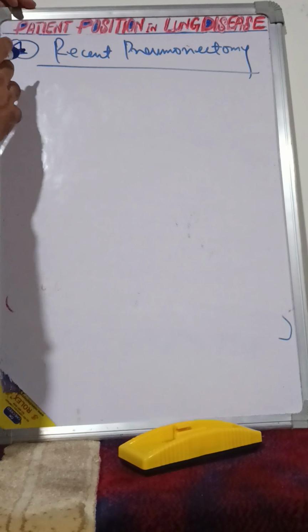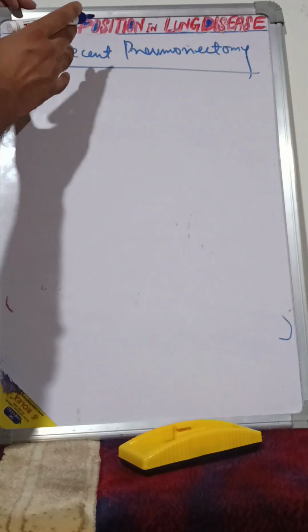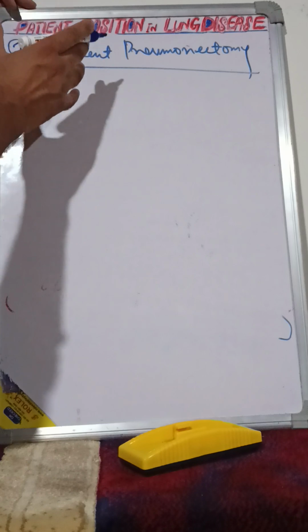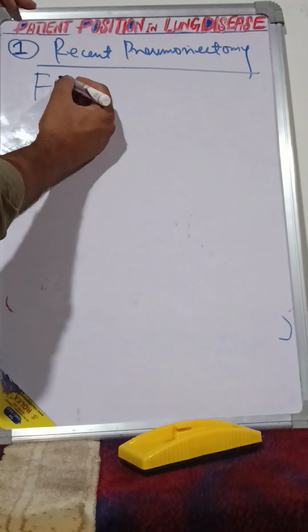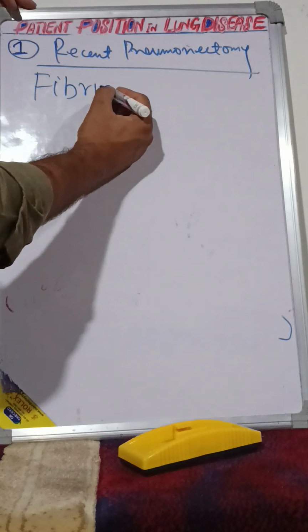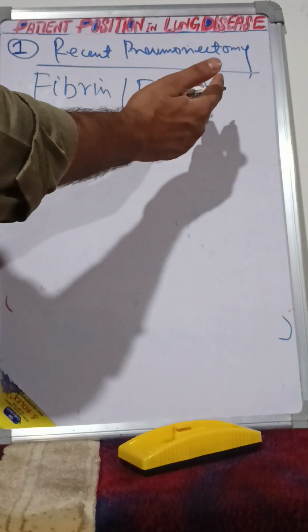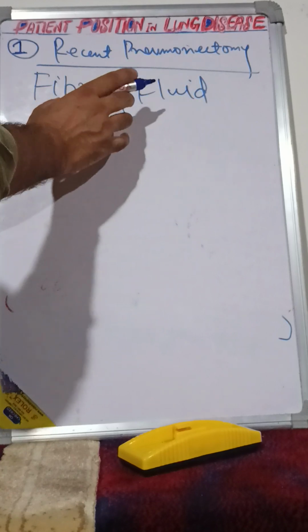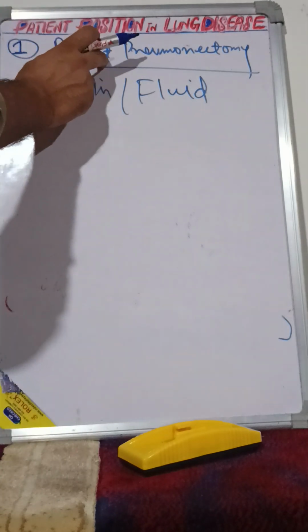In this case, you have to keep the pneumonectomized lung dependent. The reason is that the fibrin and fluid that accumulate on the pneumonectomized side when it is dependent will prevent mediastinal herniation on the affected side. This is the reason it is an exception.